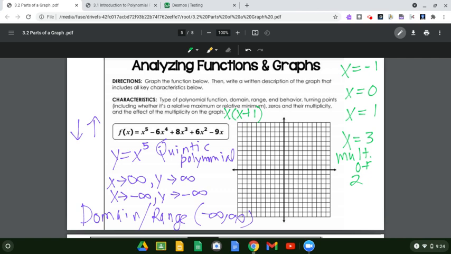X equals 1 is going to be the factor x minus 1. And then x equals 3 is going to be the factor x minus 3. And I'm going to raise it to the power of 2 because it is a double root. Okay? So the factored form would be here. Y equals x, parentheses x plus 1, parentheses x minus 1, parentheses x minus 3 squared.